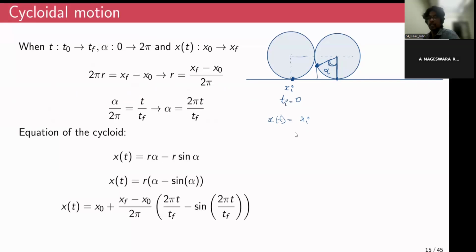We basically know that for one full rotation of the circle, which is 2 pi radians, the circumference would be 2 pi r, right? So for one full rotation, the distance moved by this point xi is r multiplied by 2 pi, or 2 pi r, which is essentially the circumference.